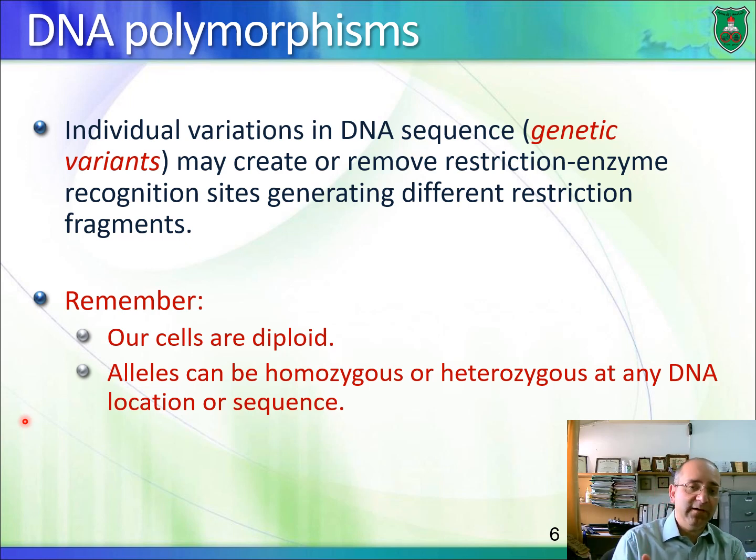We have very highly similar DNA sequences in our chromosomes, but we have some differences, and these differences create polymorphisms. So again, a person may have the same alleles or different alleles at any particular location on our chromosomes or DNA. So we can be homozygous or heterozygous for any particular location, and that would generate different restriction fragments, that is.